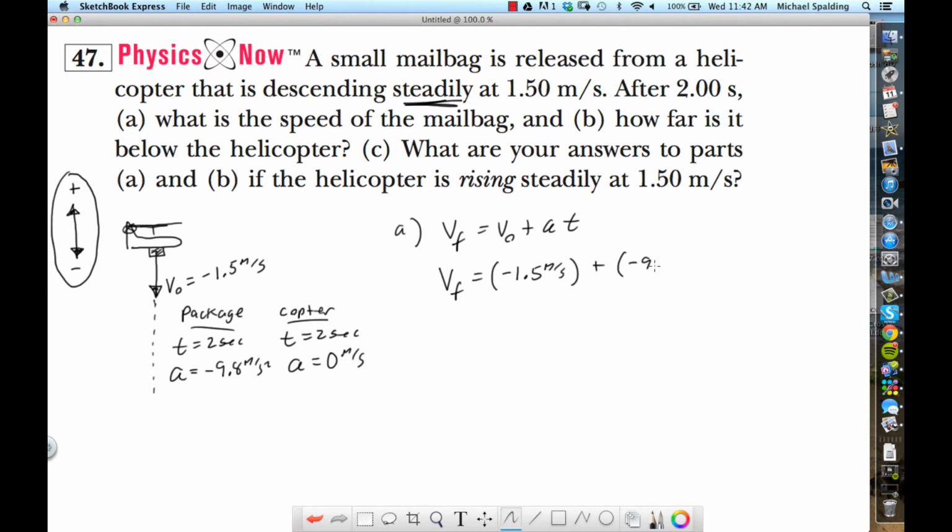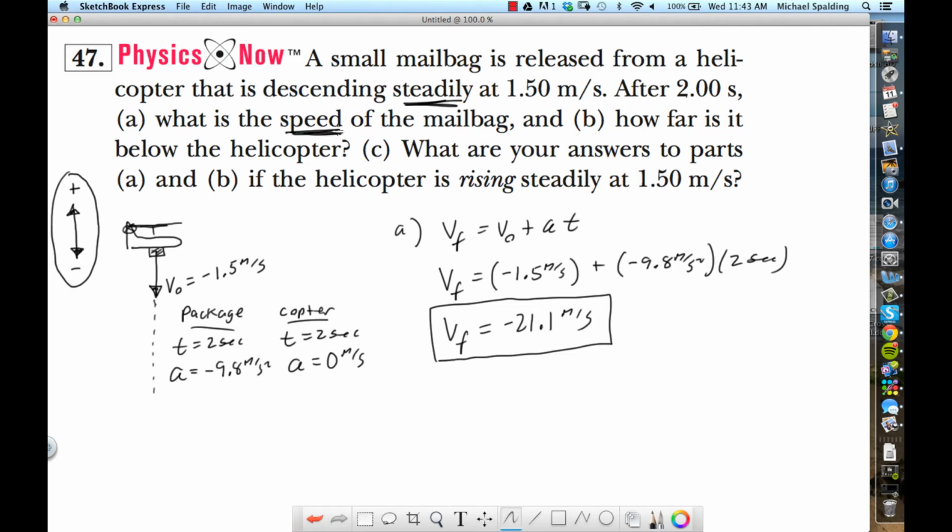So this is going to be negative 9.8. And then the time is 2 seconds. Okay, so this gives us a final velocity of negative 21.1 meter per second. Notice the back of the book doesn't say negative, though, because what are they asking for? What is the speed? Speed doesn't have a direction, so you just say 21.1 meter per second.